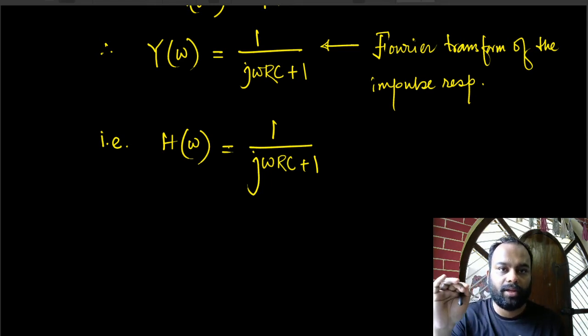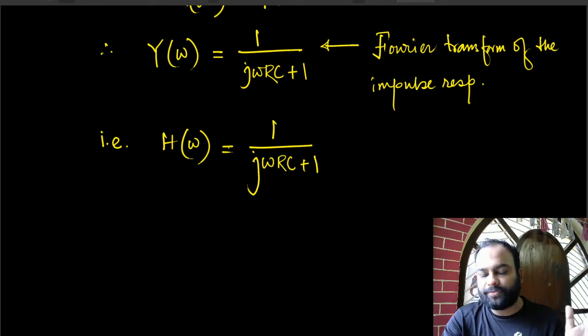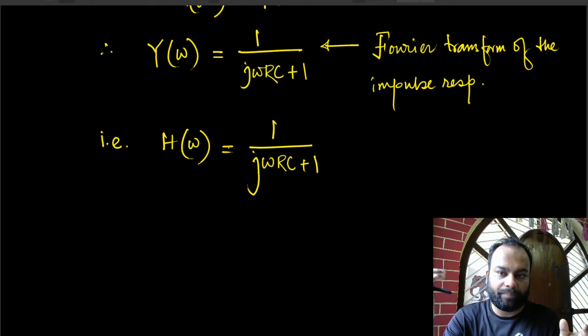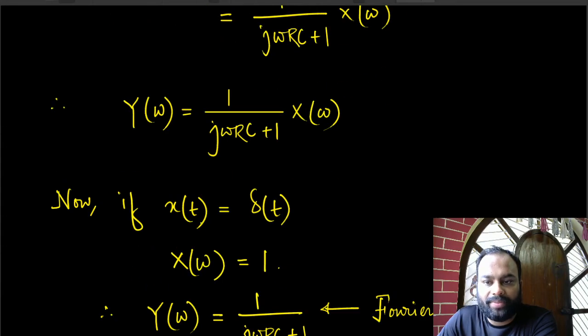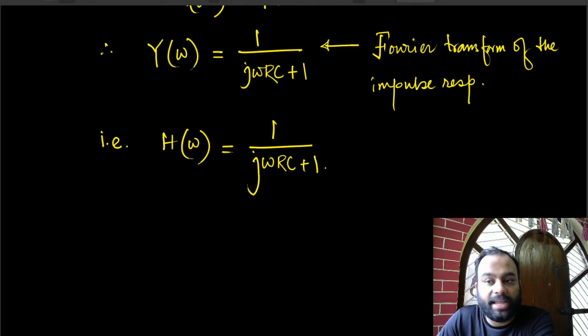So we just apply the Fourier transform on everything and take the ratio of the Fourier transform of the output to that of the input. This is nothing but Y(ω) by X(ω), and this is nothing but the Fourier transform of the impulse response.